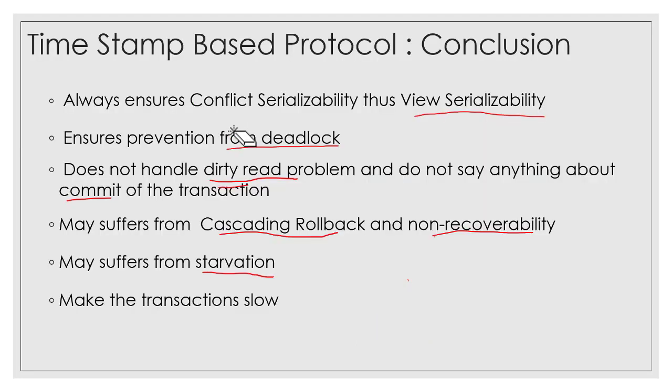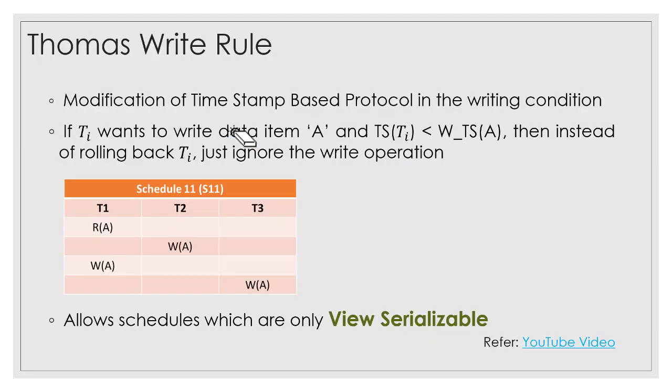And this modification is called the Thomas write rule. It is a modification of the timestamp based protocol in the writing condition. If Ti wants to write the data item A and the timestamp of Ti is less than the write timestamp of data item A, then instead of rolling back the transaction Ti, just ignore the write operation.